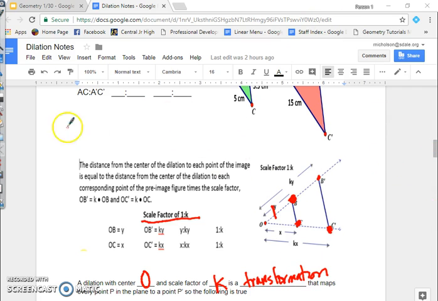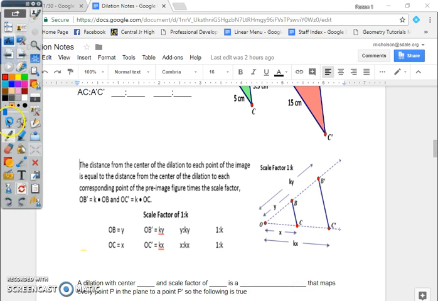Okay, so let's look at what this looks like with different types of points.